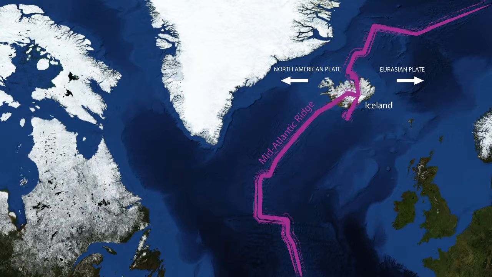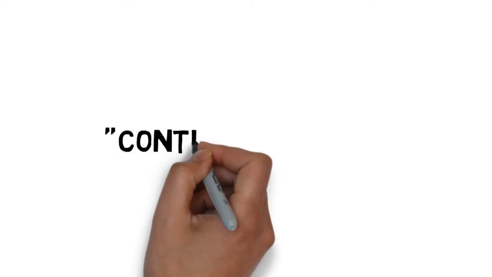In the east, you're on the Eurasian plate. And you can actually go and walk right on the plate boundary. And if you could wait hundreds of years, you could actually see it moving. So that's really interesting.